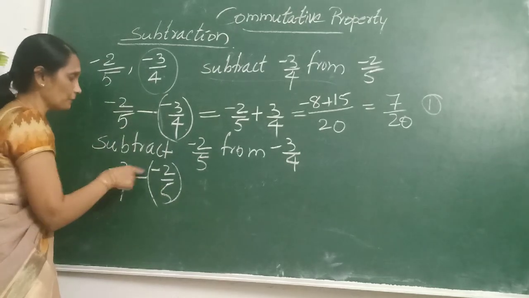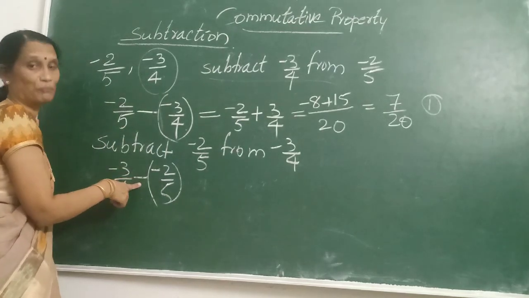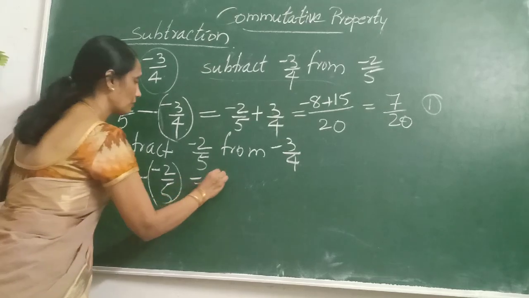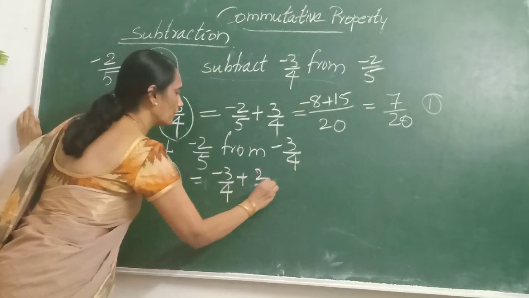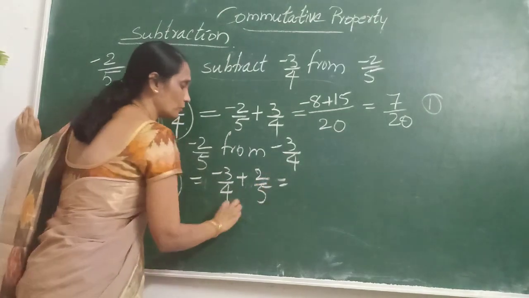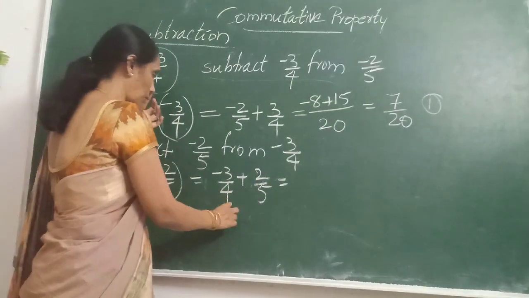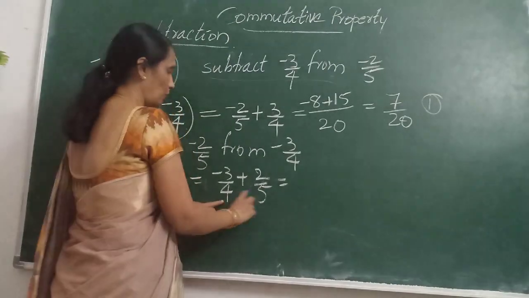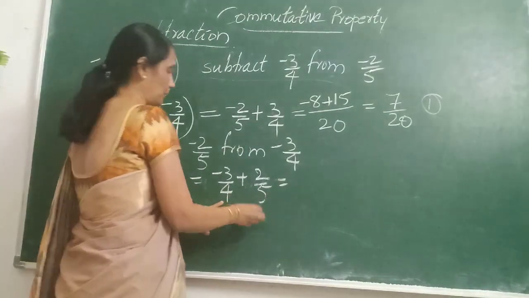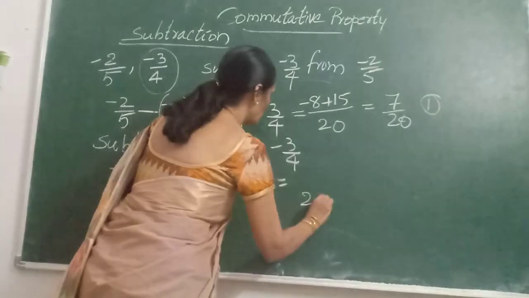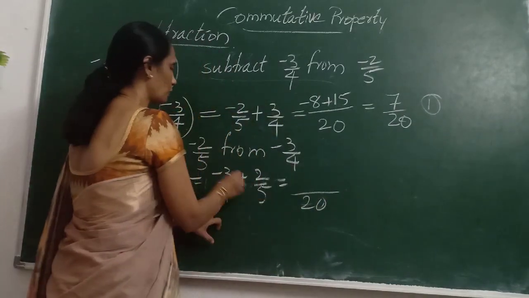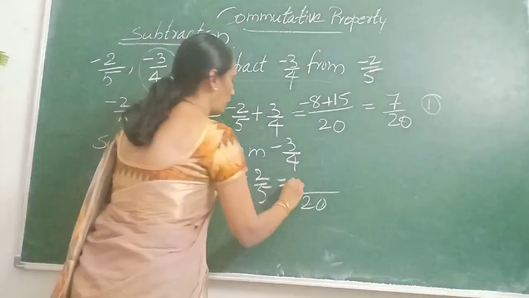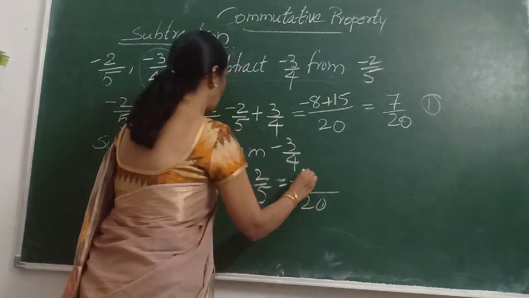Here also, minus of minus becomes plus. So it becomes minus 3 by 4 plus 2 by 5. Find the LCM, or otherwise do cross multiplication after multiplying the two denominators. 4 5s are 20. Cross multiplication: minus 3 into 5, minus 15.